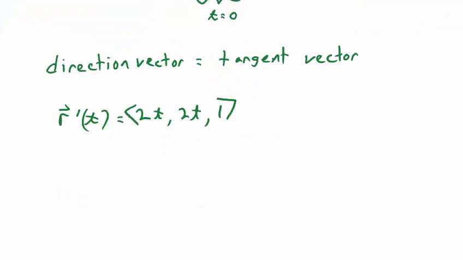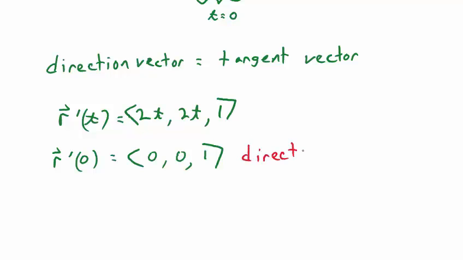So let's find that. R prime of 0. And if you plug in 0 for t, you get 0 here for the first component, 0 here, and 1 here. So this is our direction vector when t equals 0.